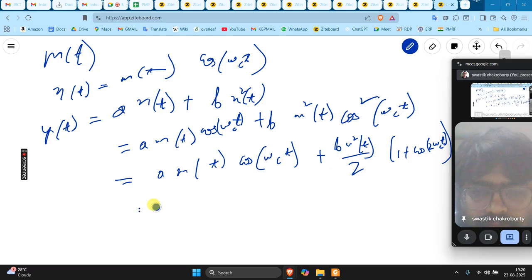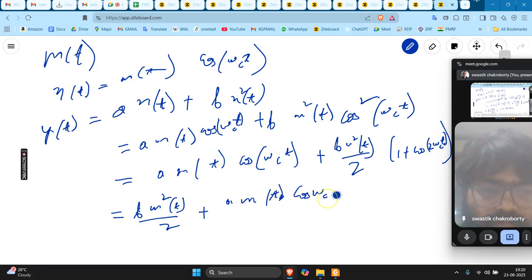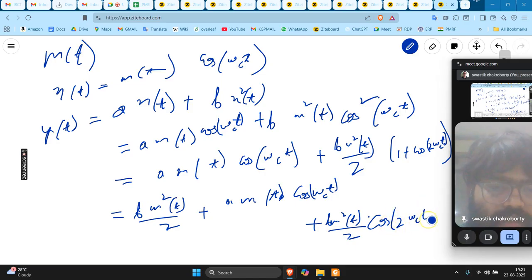So it ultimately has three parts. One is b m squared(t) by 2, one is a m(t) cos omega c t, and one is b m squared(t) by 2 cos 2 omega c t. We want this part.